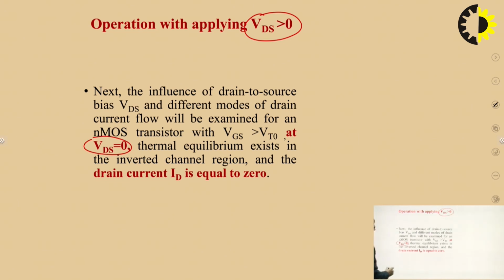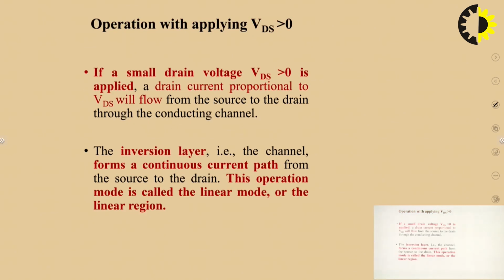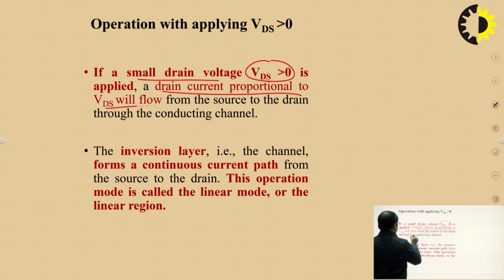As long as VDS is 0, drain current is equal to 0. And if a small drain voltage is applied, then it is observed that a drain current proportional to VDS will flow.